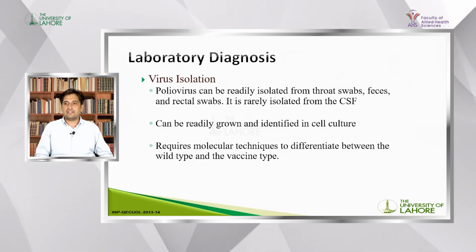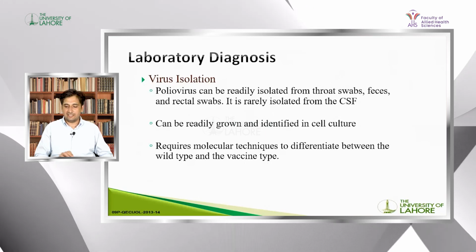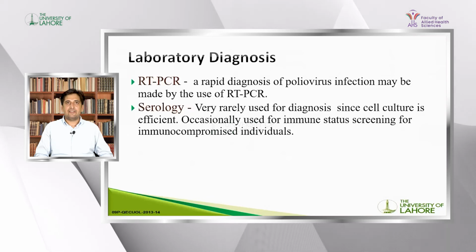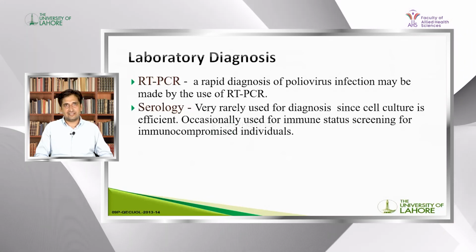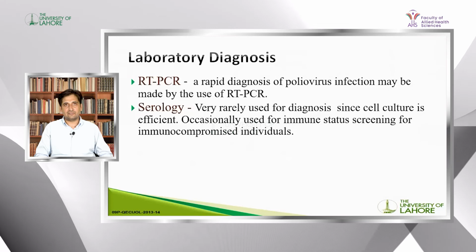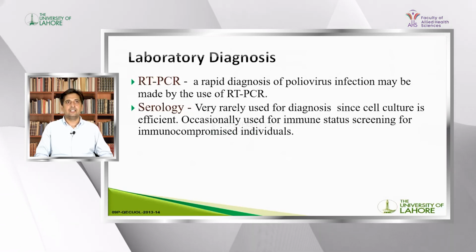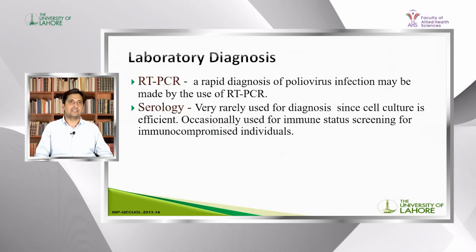You need molecular methods to differentiate between the wild type and the vaccine type of poliovirus. The very rapid method to diagnose the poliovirus is RT-PCR, that is reverse transcriptase PCR, which you are going to use in the case of every RNA virus. So that is a very rapid method to detect the poliovirus.